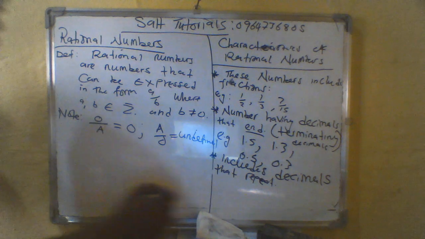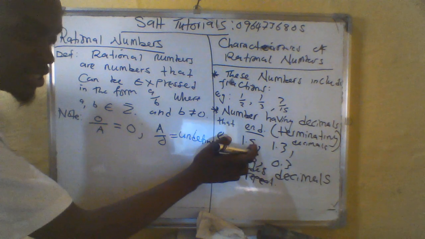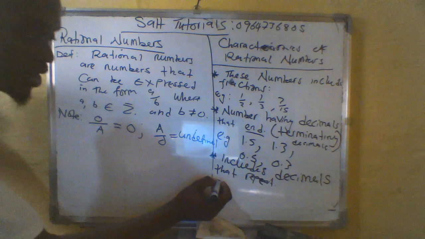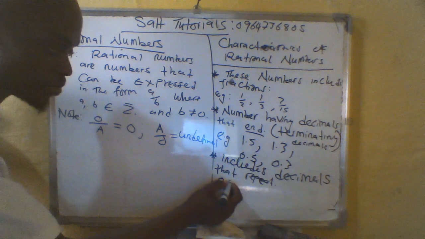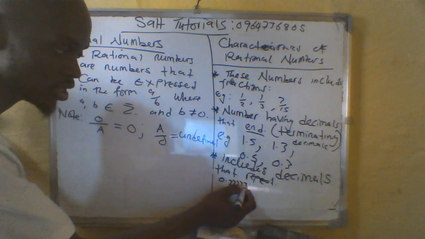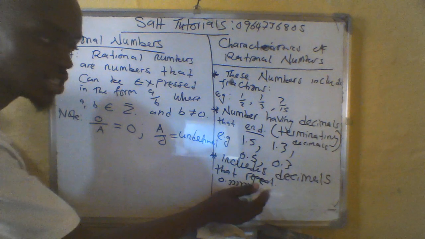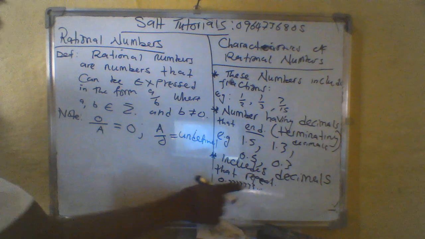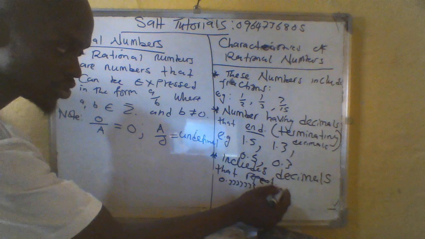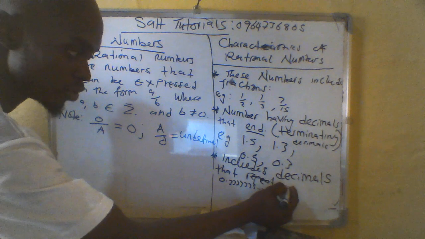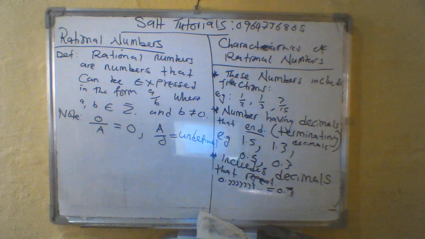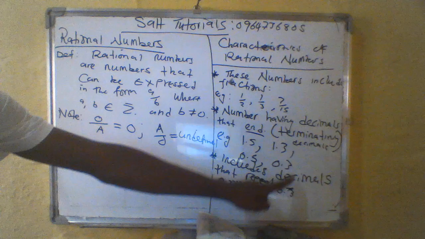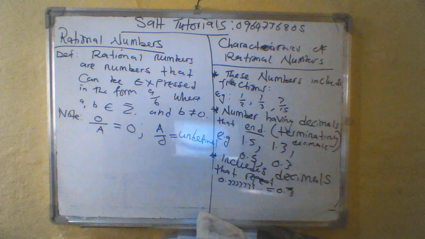Here they have an end, but there are those numbers whereby when you punch them sometimes on the calculator, you find the expression 0.3333333, where the 3 is continuously going. I can even write it as 0.3 with a bar on top, indicating that the 3 is continuous. But if I write 0.3 like this, it has an end, whereas in this one the 3 is continuous.